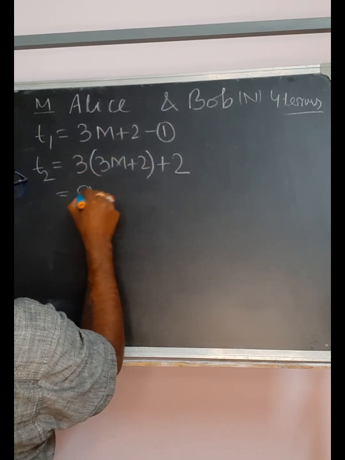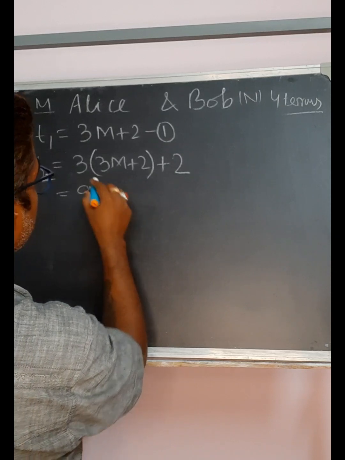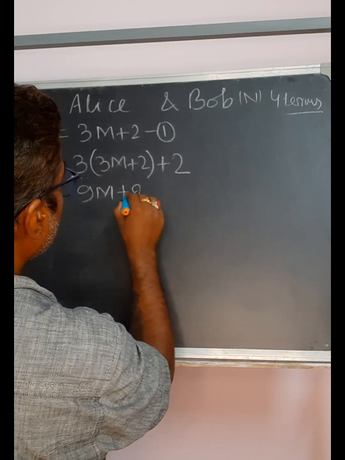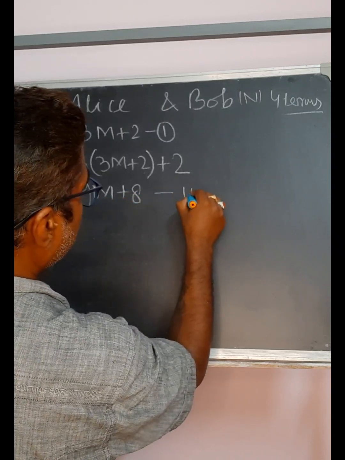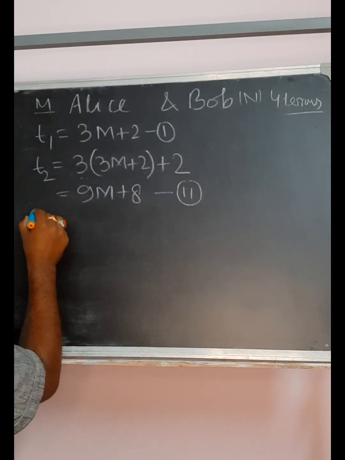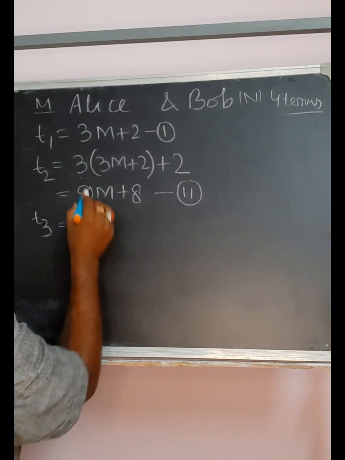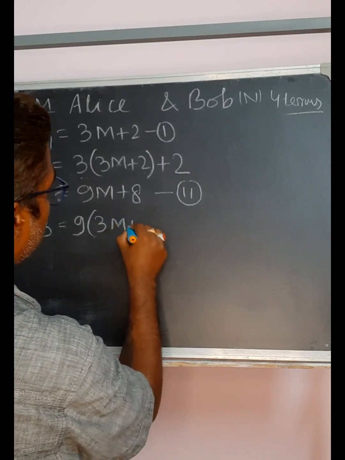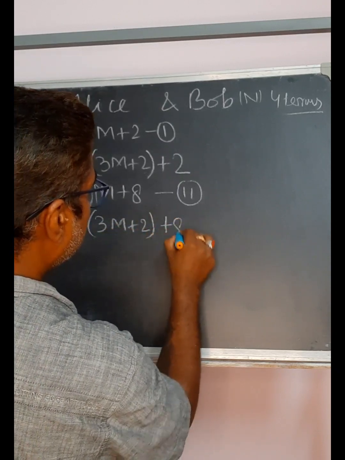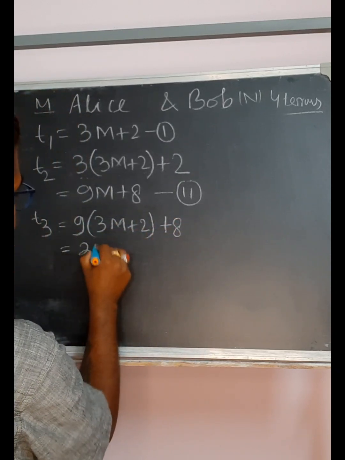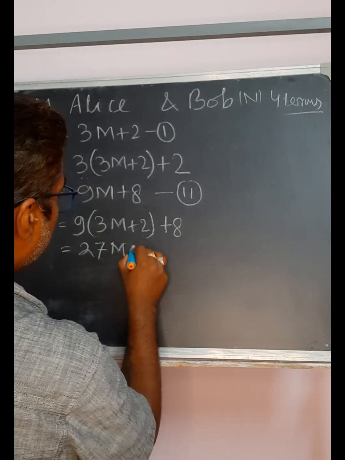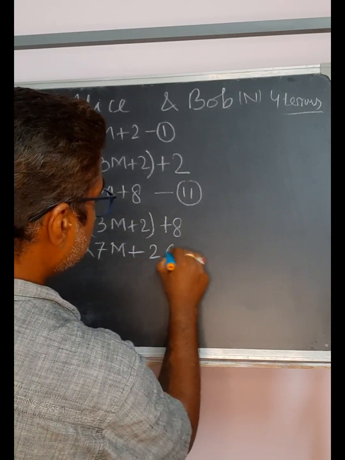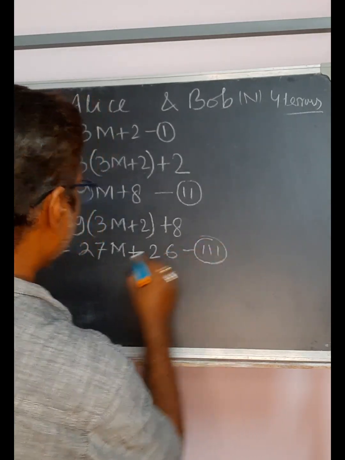Let's see what the final result would be: 9m plus 6 plus 2, so that becomes 9m plus 8. This is the result after the second term. Now come to the third term: 9 into 3m plus 2, plus 8, so that becomes 27m plus 18 plus 8, which is 26. This is after the third term.